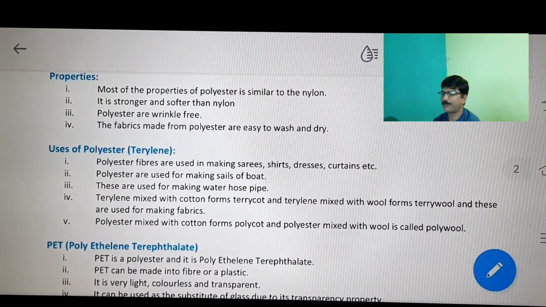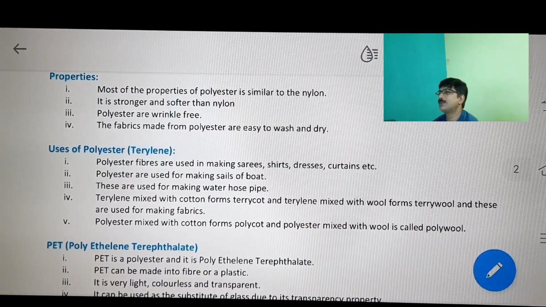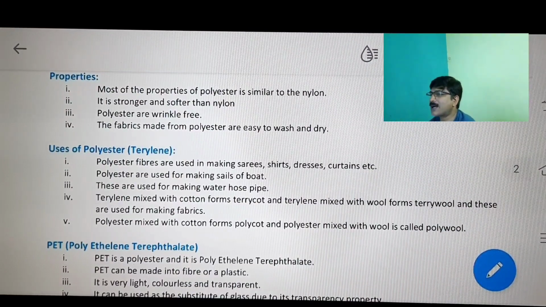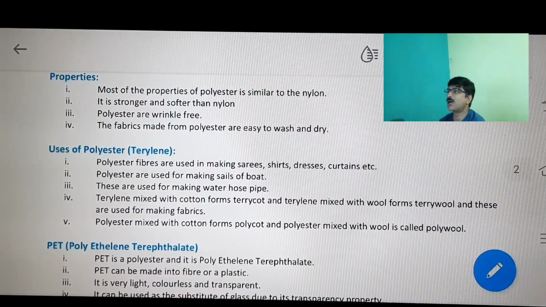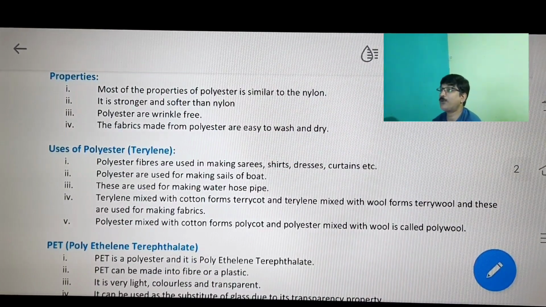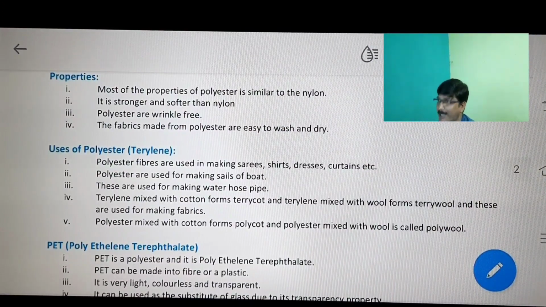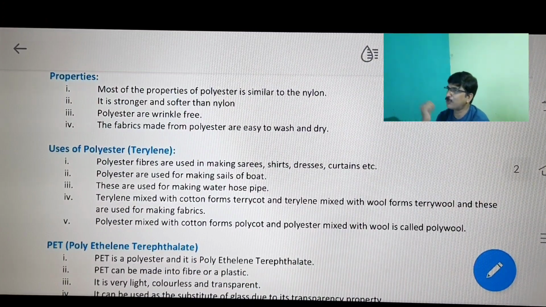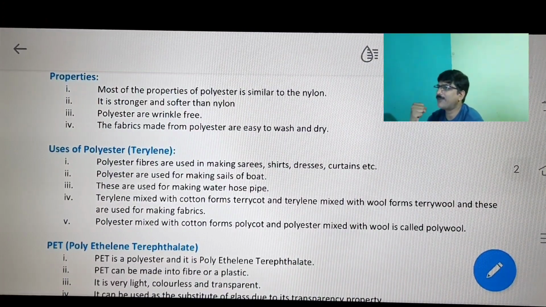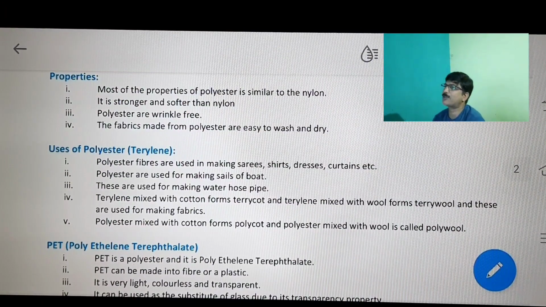What are the important characteristics? One is it is stronger and softer than the nylon. The fiber is wrinkle free. That means it cannot shrink down. And third one is that the fabrics made from the polyester are easier to wash and dry, as it is a less absorber of water.